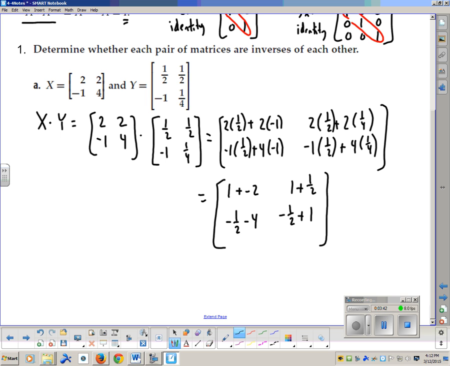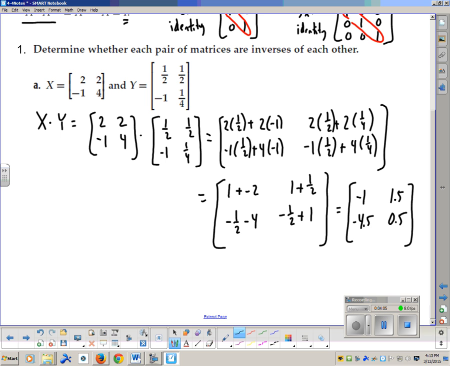Now we can combine like terms. We end up with negative 1 and then 1.5, however you want to write that. Negative 1 half minus 4 is negative 4.5. And negative 1 half plus 1 is a half or 0.5, however you like to write that.